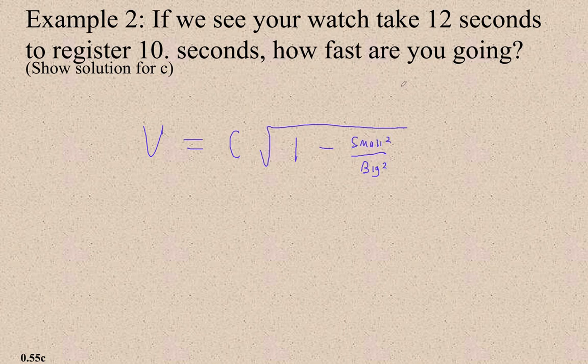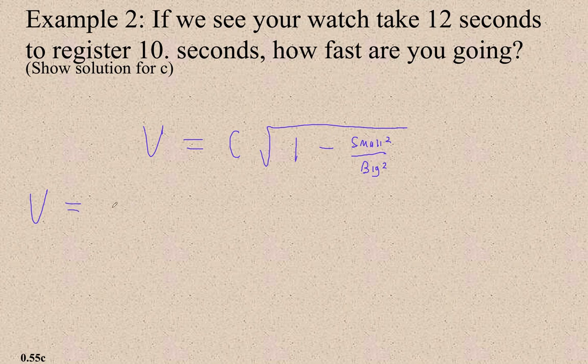In the case of time, the 10 would be the small quantity and the 12 would be the dilated time. In the case of length, it's the other way around: the small quantity would be the moving length, and the big quantity would be the length when it's sitting still. If it's mass, it would be the mass of it not moving over the mass of it moving, the dilated mass.